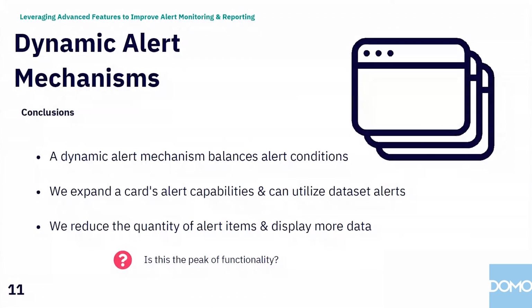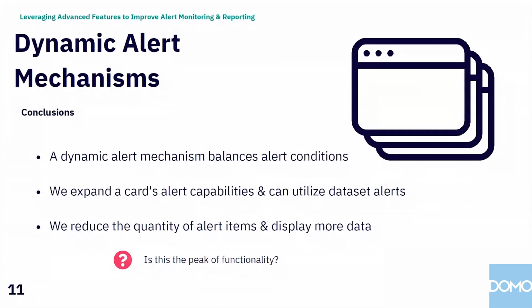By creating the dynamic alert mechanisms, we expand the card's alert capabilities, and we can also utilize data set alerts, where we can capture a full data record when an alert occurs within the data. We reduce the quantity of alerts that we have to create and can display more data inside the cards we're creating as we build out those alerts.